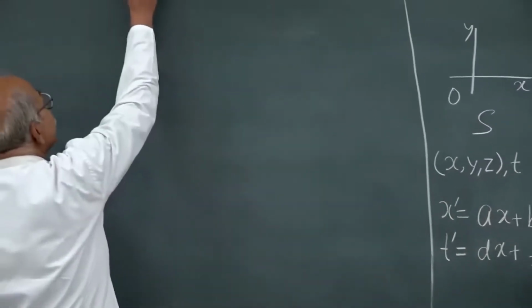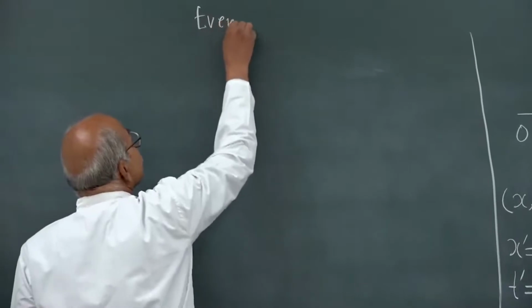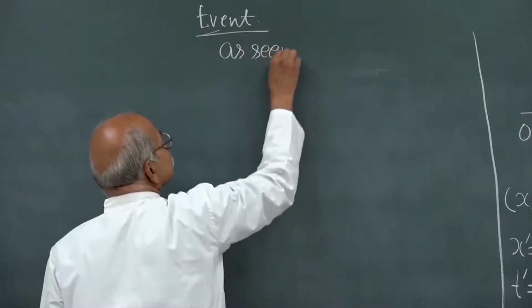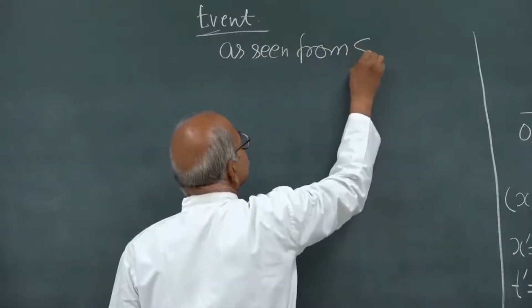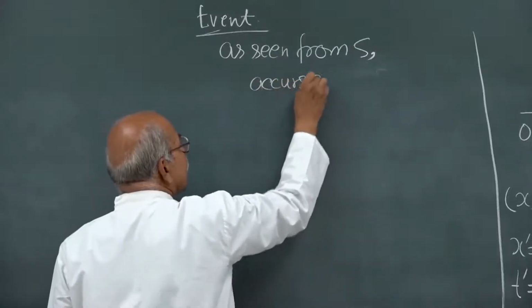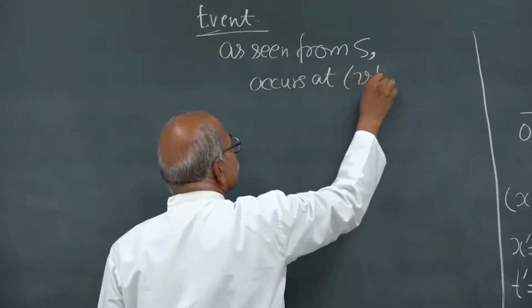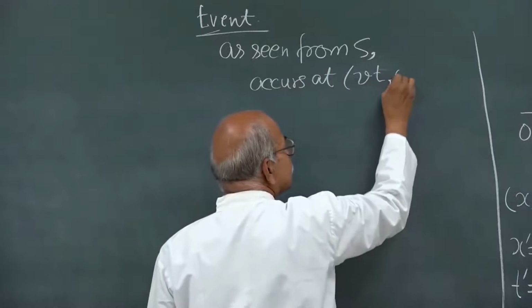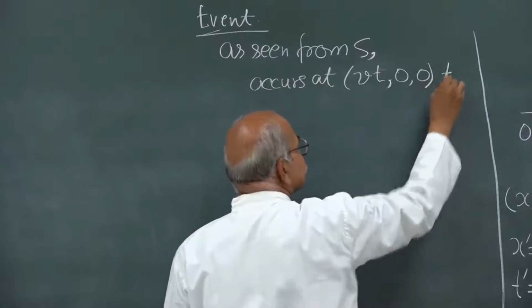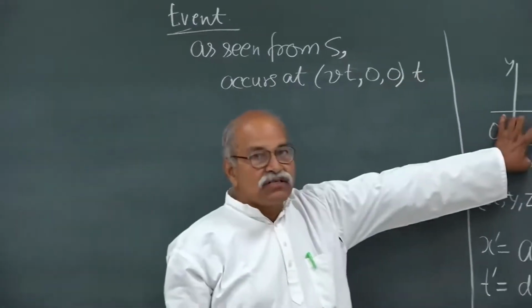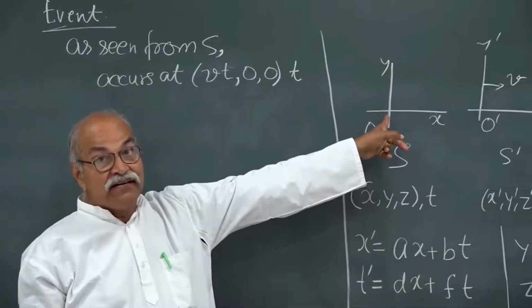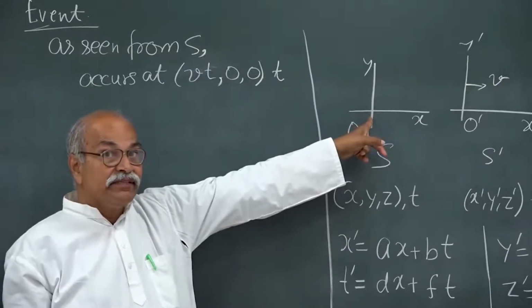So, I am considering an event, and the event, as seen from S, occurs at x coordinate vt, y coordinate 0, z coordinate 0 and time t. So, I am just looking from S, and remember, when origins O prime and O cross each other, that is our t equal to 0 and also t prime equal to 0.